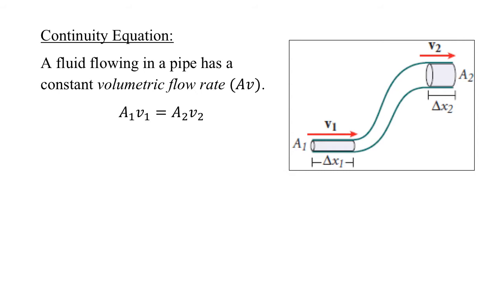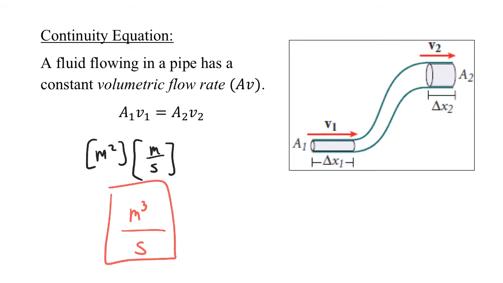Use your units, please. What are the units of area? Meters squared. And units of velocity? Meters per second. Very good. So this yields units of cubic meters per second. That's a volume that's flowing at a certain rate.